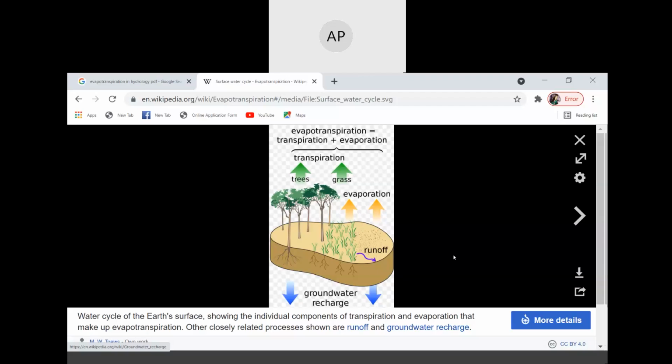In that hydrological cycle, we have one term, evapotranspiration. What is evapotranspiration actually?